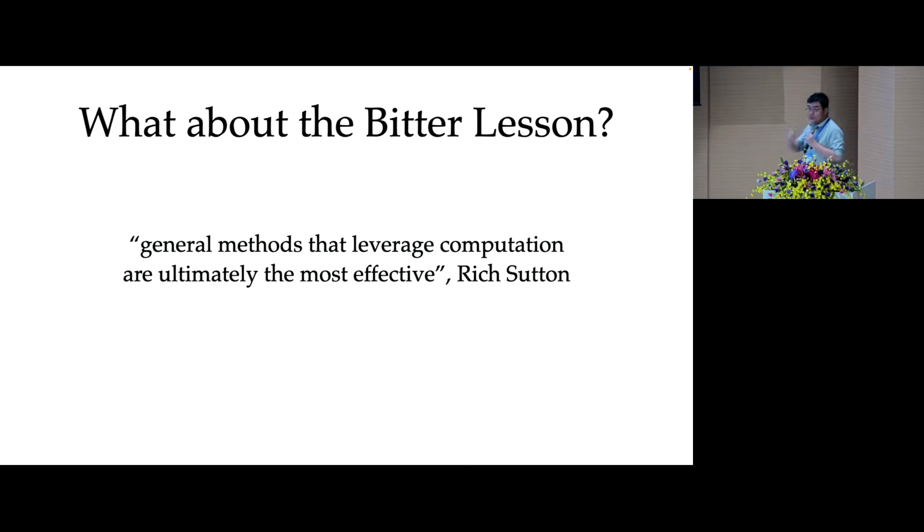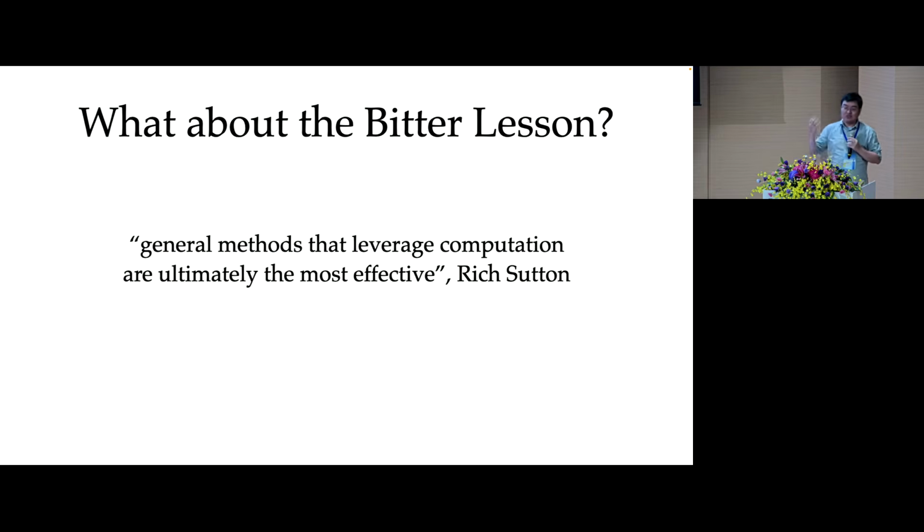And I mentioned the bitter lesson earlier, right? So that was the strongest argument from the AI people. And this was from Turing Award winner Rich Sutton. And he said that general methods that leverage computation are ultimately the most effective. So this is from Chess AI, for example. Originally Deep Blue used a rule-based method, right?